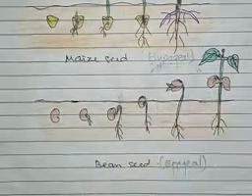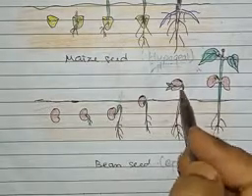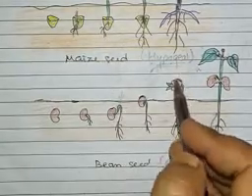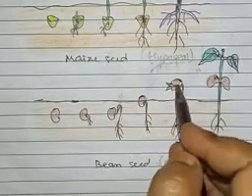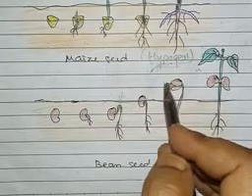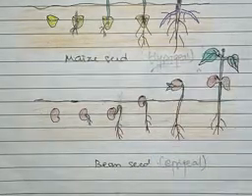It is very clear in the diagram. Once out of the soil, it starts growing further straight, and then the epicotyl region also elongates, and it will form the shoot.